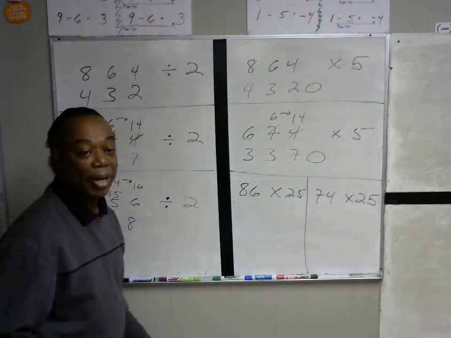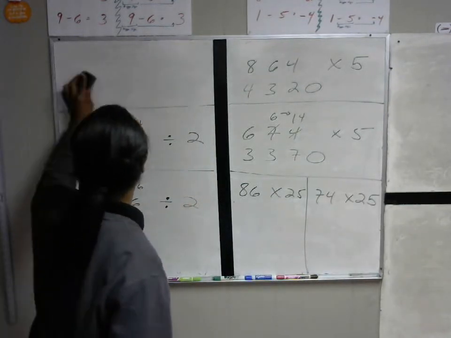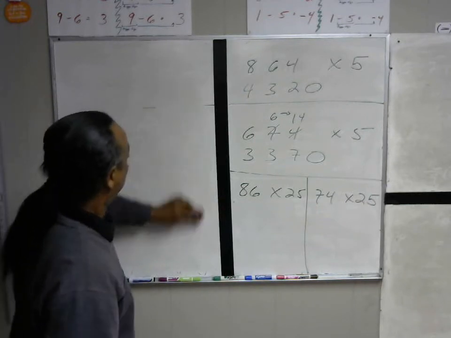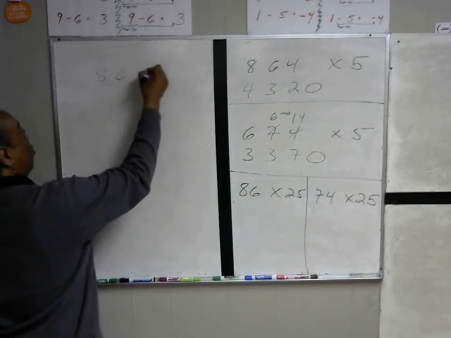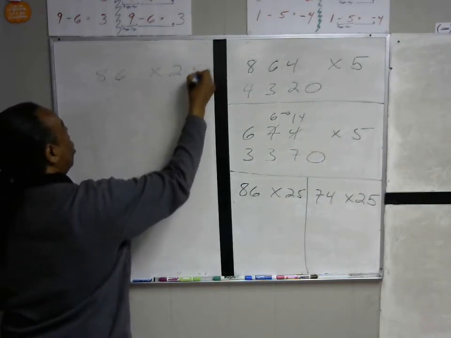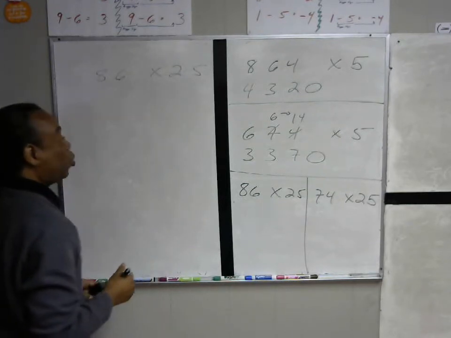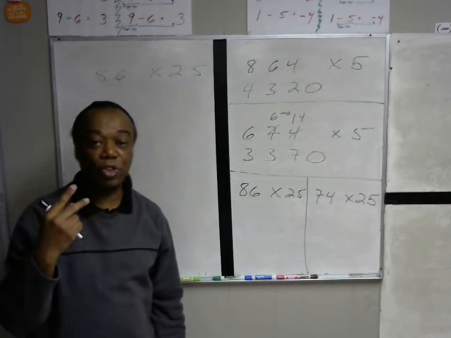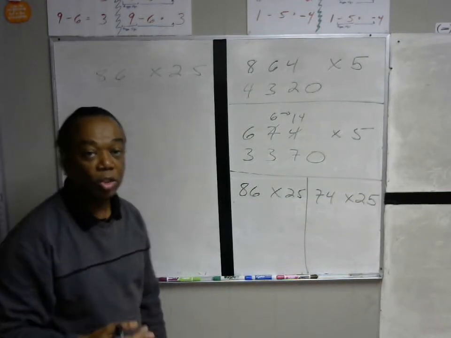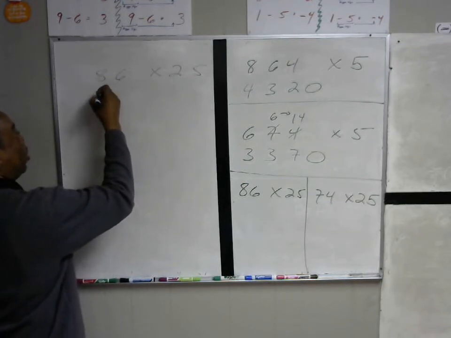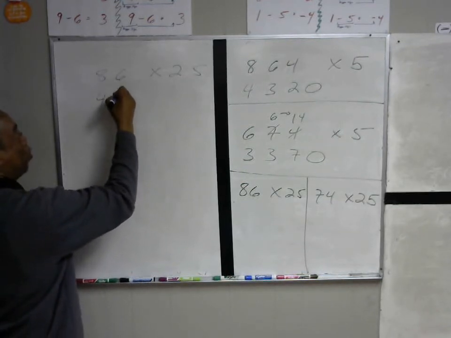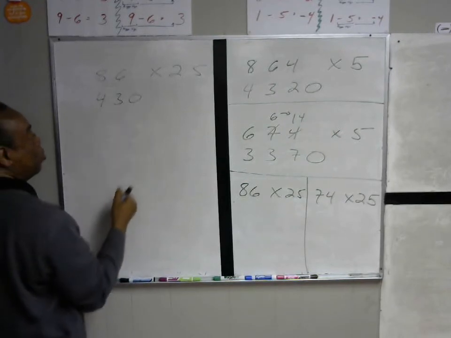Now let's multiply by 25. When we multiply by 25, we're actually multiplying by 5 twice. So 86 times 5, we take half, which is 43, and add the 0.